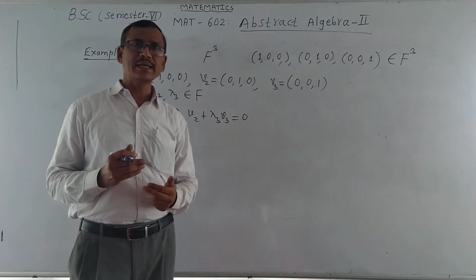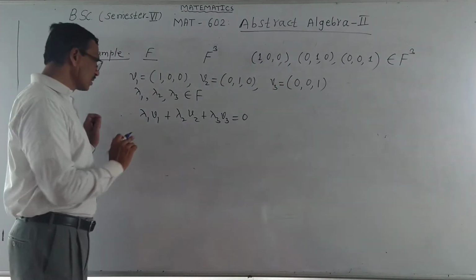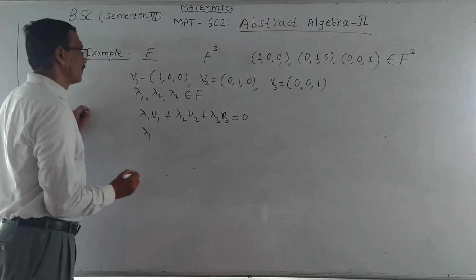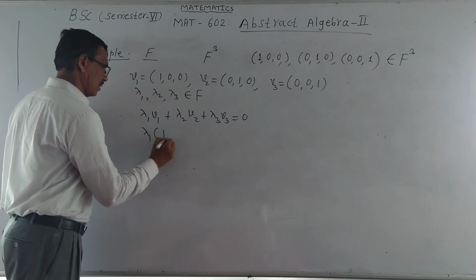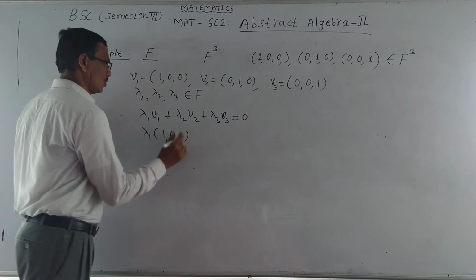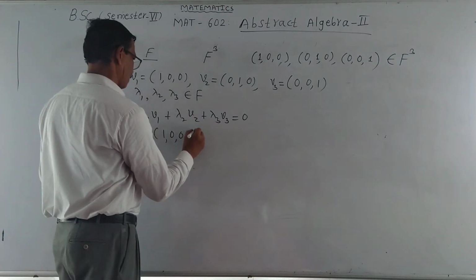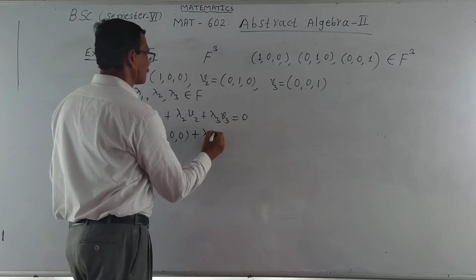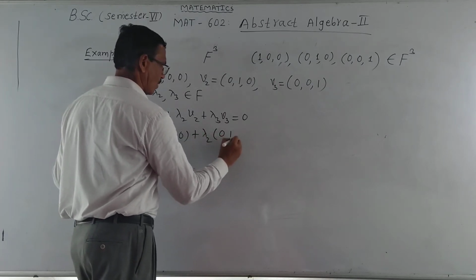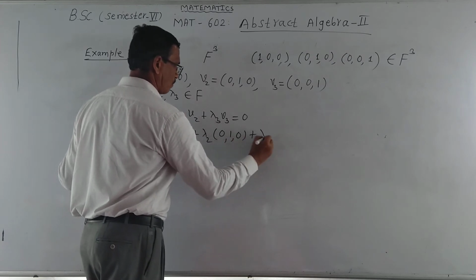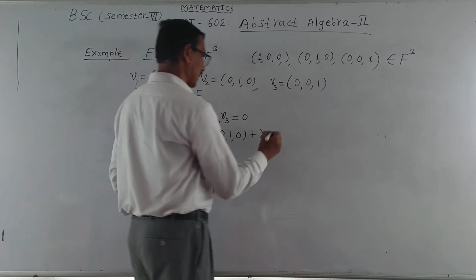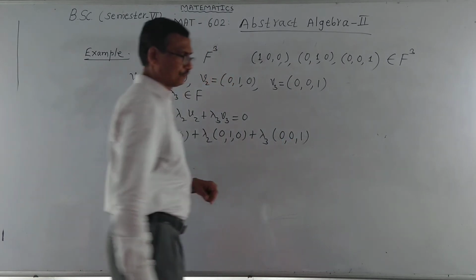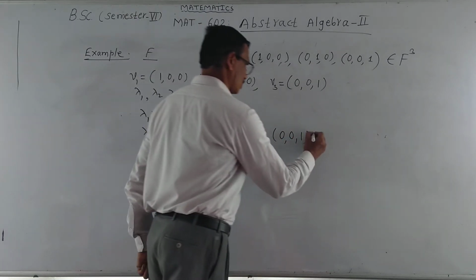vectors are linearly independent. Let us see what happens. Put the values. Lambda 1 times V1, which is (1, 0, 0), plus lambda 2 times V2, which is (0, 1, 0), plus lambda 3 times V3, which is (0, 0, 1), equals 0.